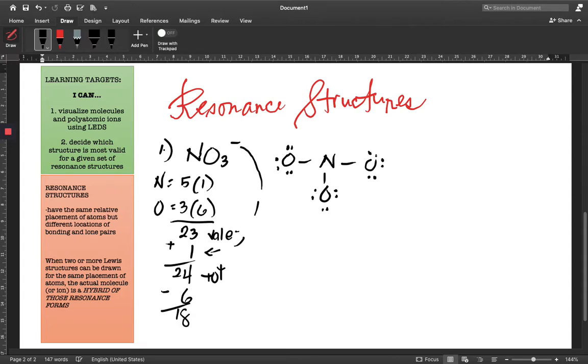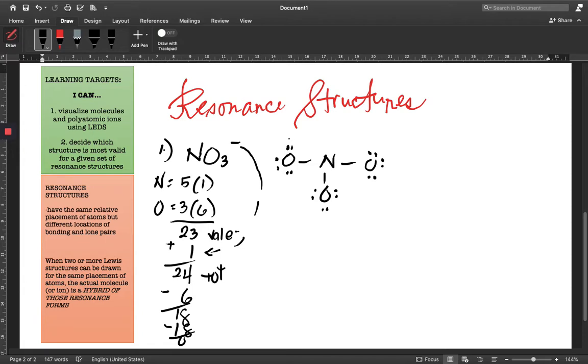So in this case, 6 valence electrons times 3 atoms, you get minus 18. Minus 18 here, you get no valence electrons left, so 0. So what do we do to complete the octet of nitrogen? We end up with this structure supposedly.